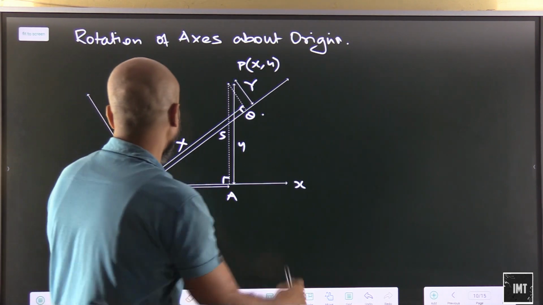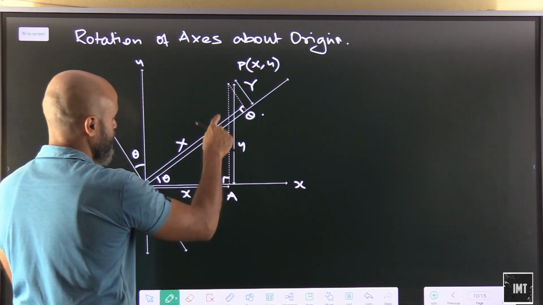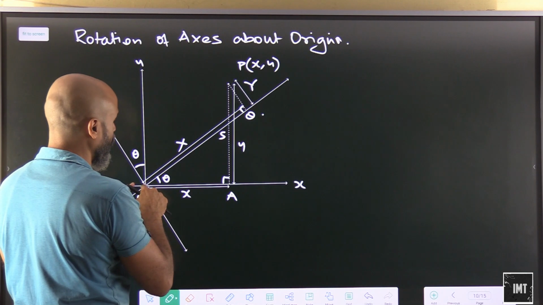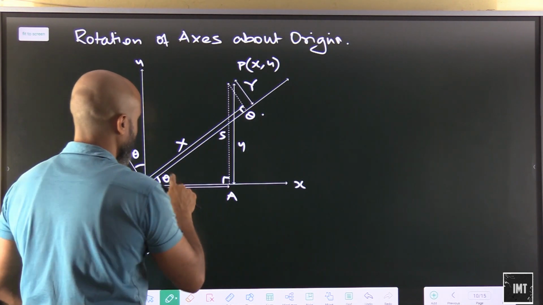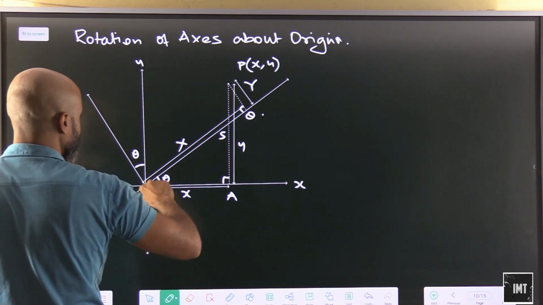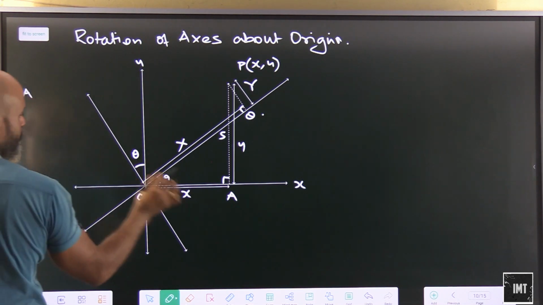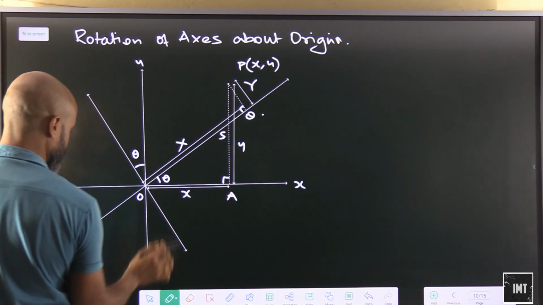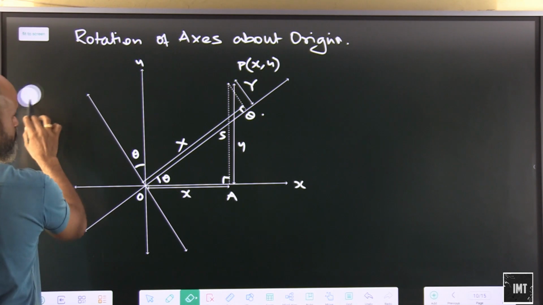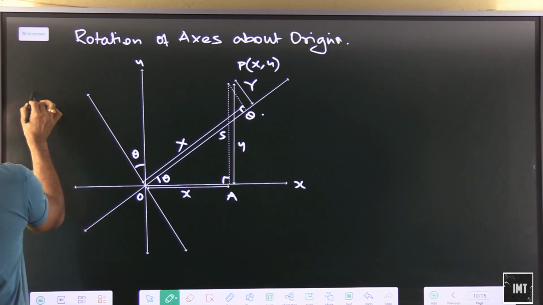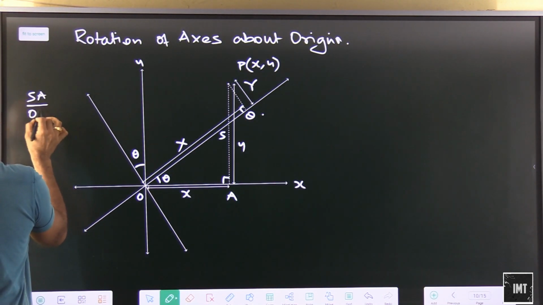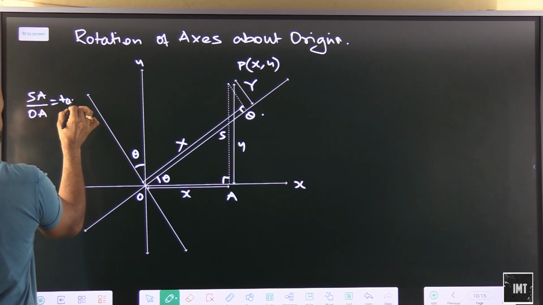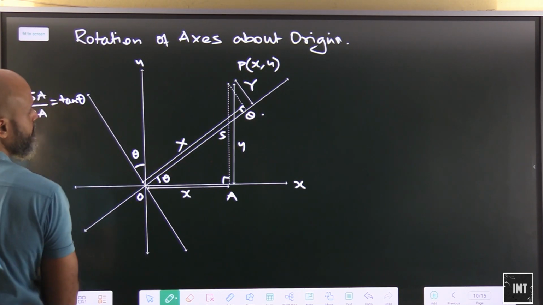Okay. Now in this triangle, this is AO by OS, or rather we take this as SA. If we were to calculate SA upon OA, that is equal to tan theta. So SA is how much?